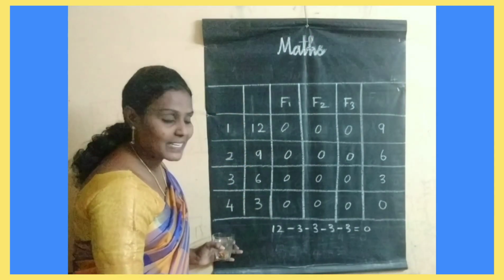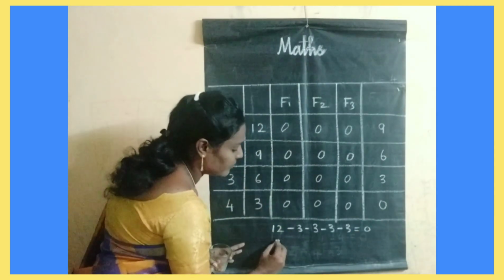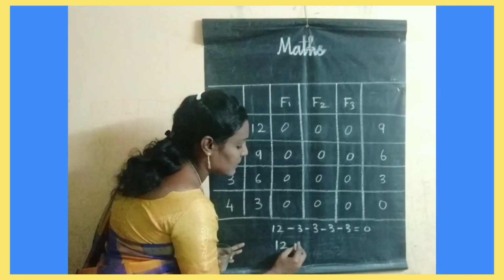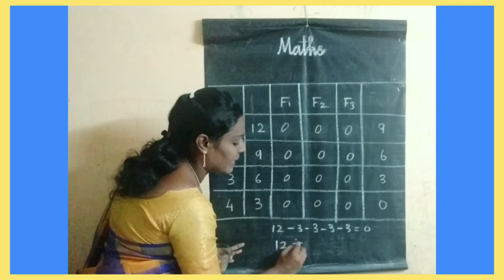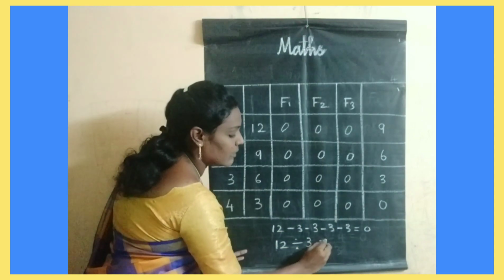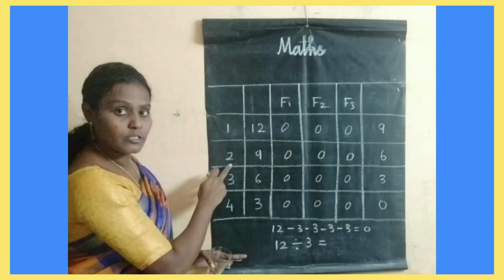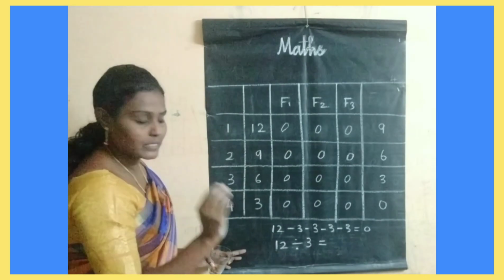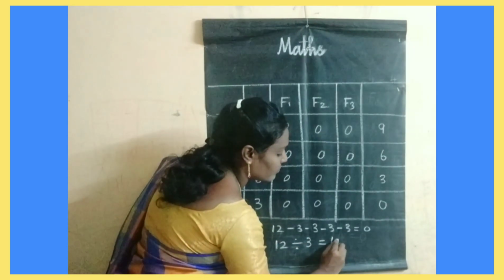The division fact 12 divided by 3 equal to 1, 2, 3, 4 steps. 4.